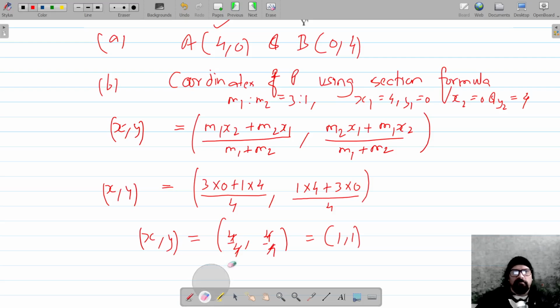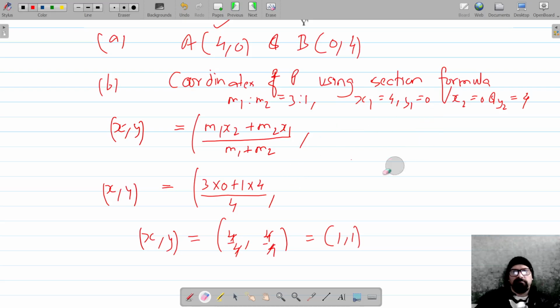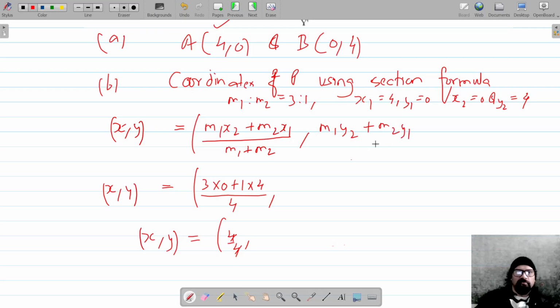Okay, I have written the formula incorrectly, sorry for that. This should actually be y2: m1 x2 plus m2 x1 for x, and for y it is m1 y2 plus m2 y1 upon m1 plus m2.